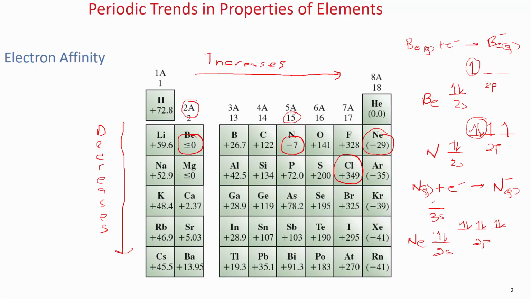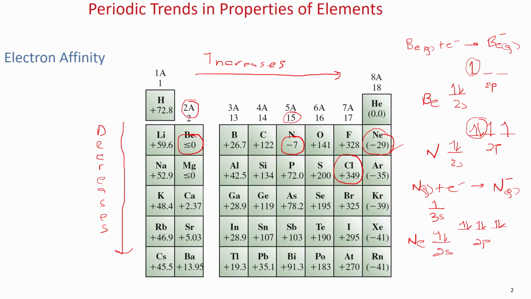It has to go up into the 3s. So that's a large amount of energy, and that's why it's -29. It actually costs quite a bit of energy to put the electron into a new, not a new sublevel, a new level. All right. So all the noble gases have a full outer shell, and you're going to have to put the electron into the next higher energy level.